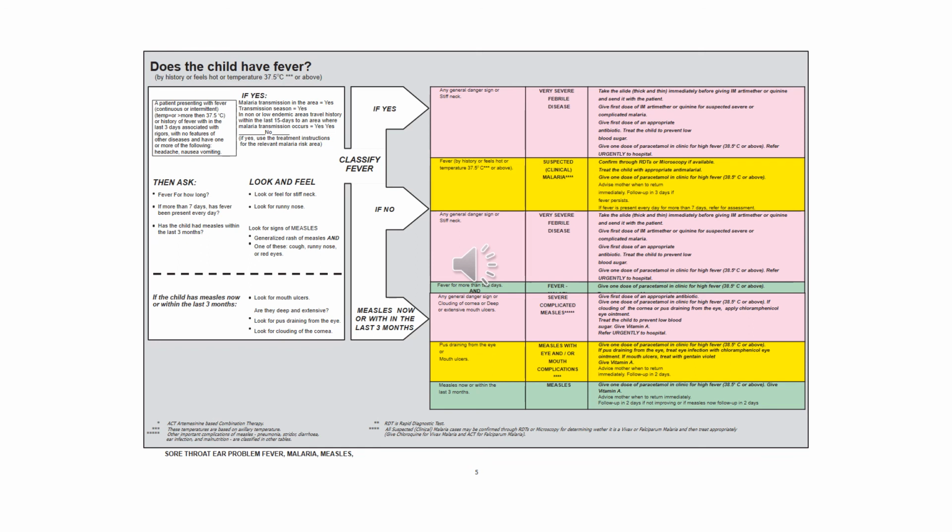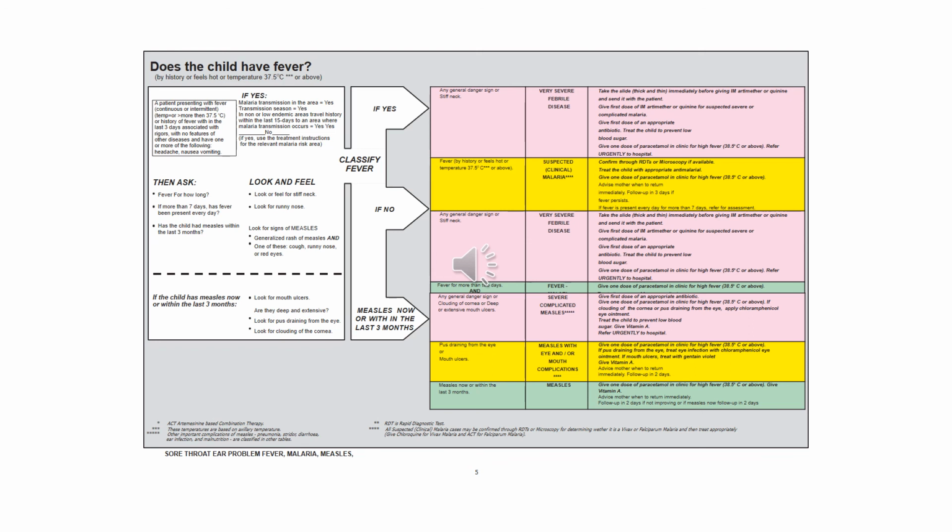Now, in this condition, you have to give the first dose of an appropriate antibiotic, and if the child comes from a high malaria risk area, you have to give the first dose of an anti-malarial like quinine or artemether or artesunate, etc. And then you have to treat the child to prevent any low blood sugar, and you have to give the first dose of paracetamol and urgently refer the child to the hospital as the child has a very severe febrile disease.